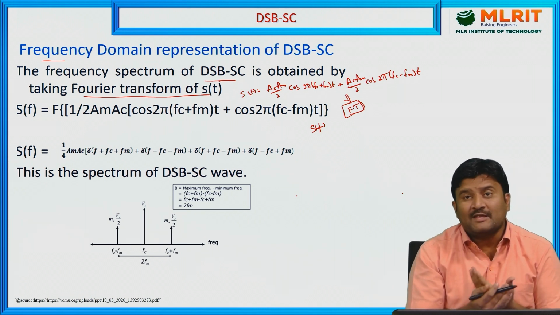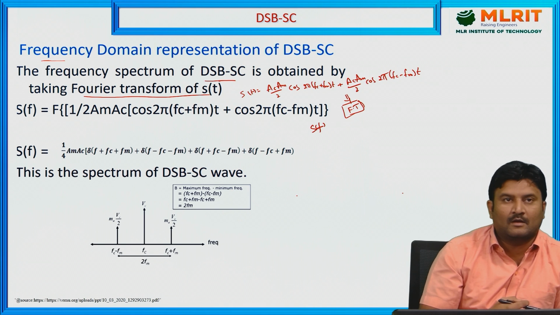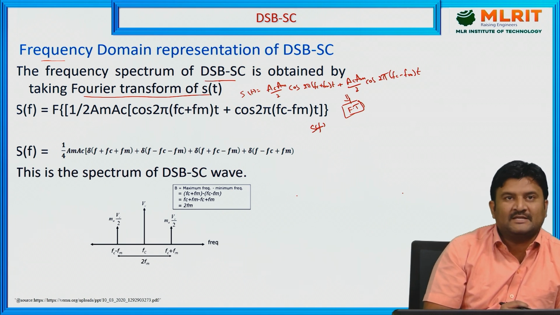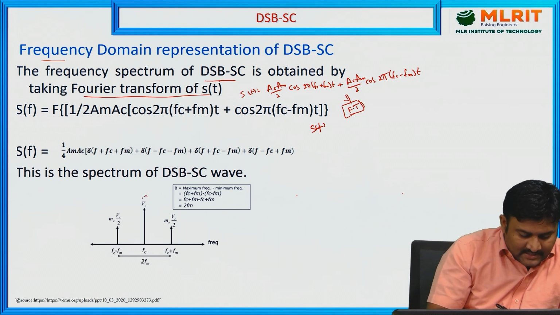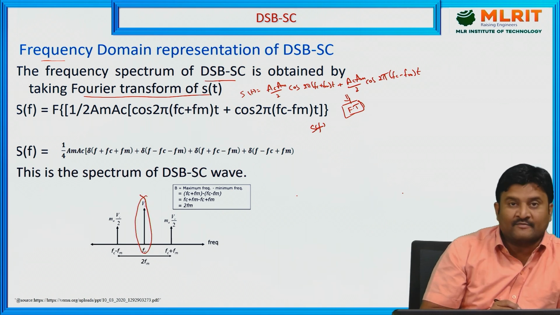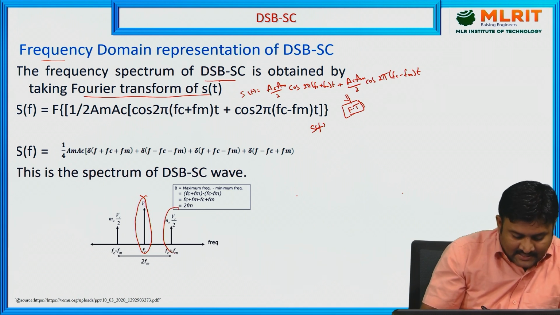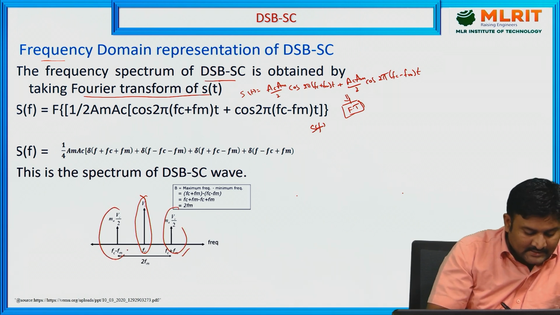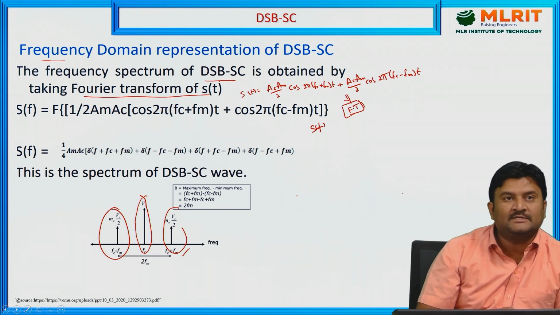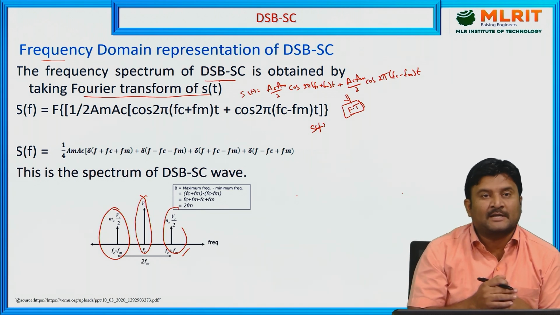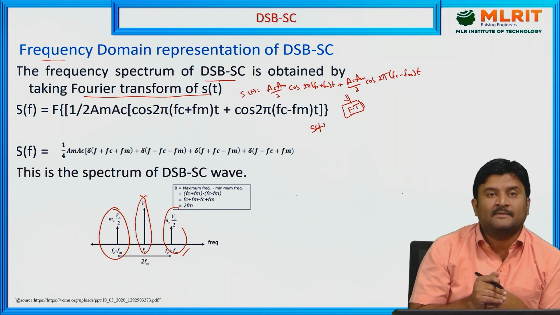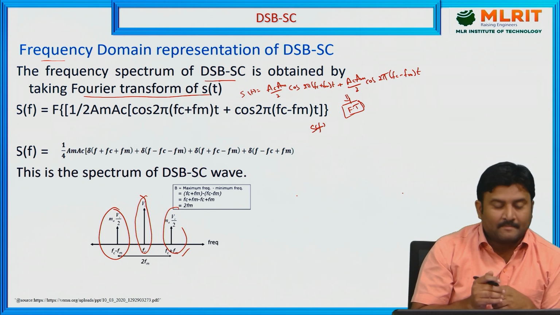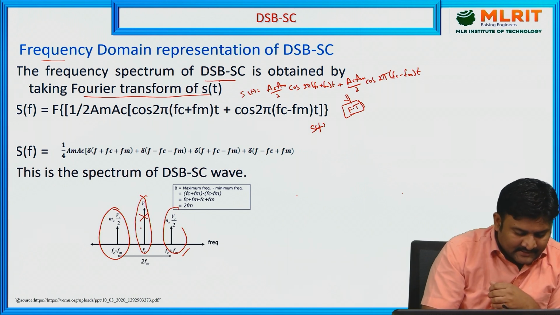Once you draw the frequency spectrum of this DSB-SC, observe here, this is the carrier position fc, this is the upper sideband fc plus fm, and this is the lower sideband fc minus fm. This is called the frequency spectrum of the double sideband suppressed carrier, because the carrier is suppressed here.